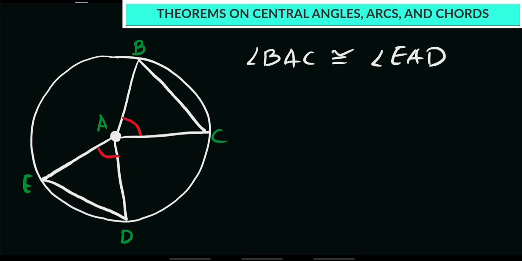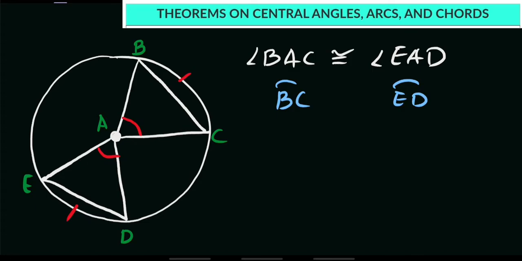That means arc BC is congruent to arc ED. That is our first theorem.